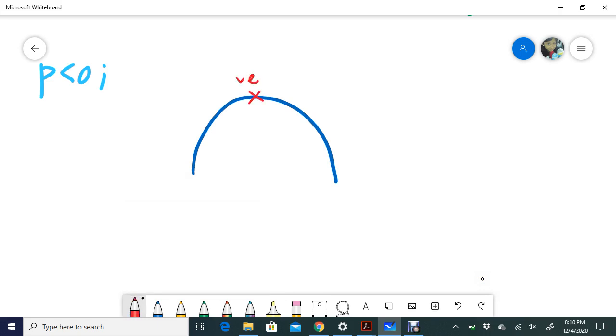So this is your vertex point. Do remember, highlight your h and k. So where will your focus point be? Your focus point, as I said, will always be inside the curve.